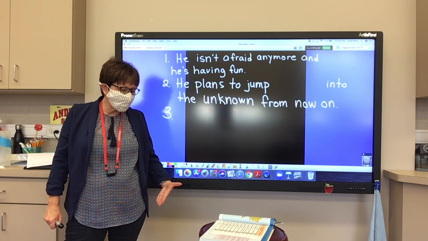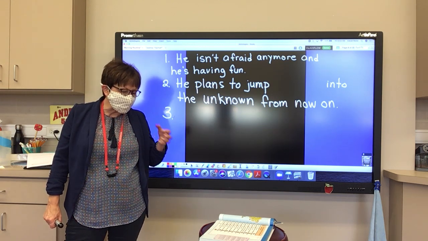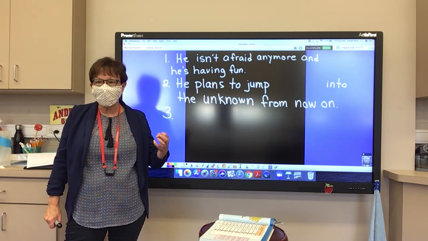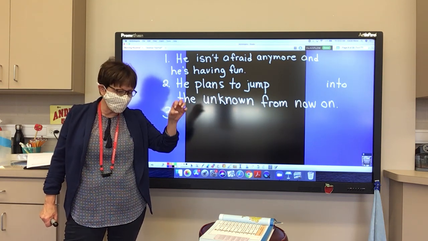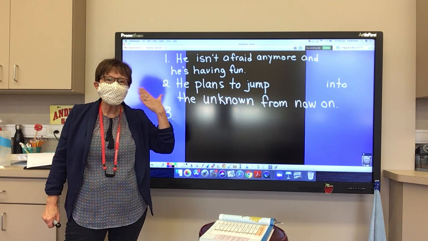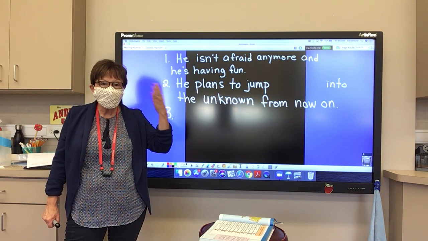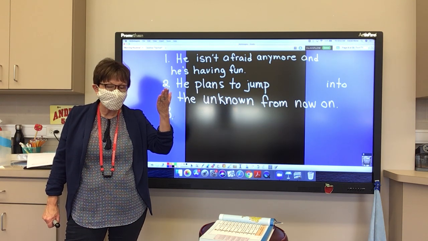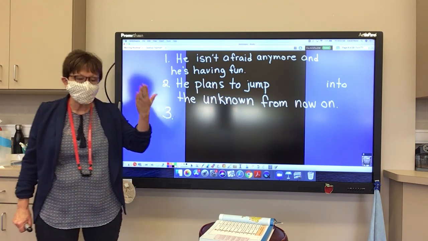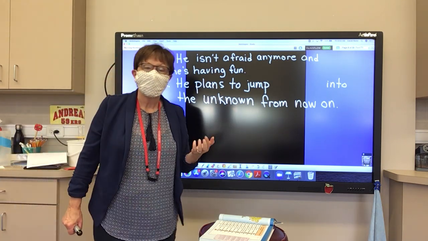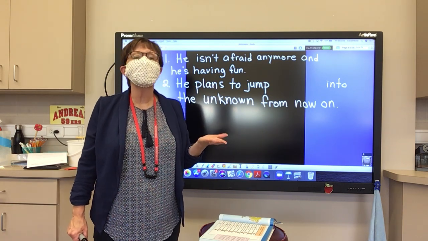So now we have to figure out, what lesson does this teach Scaredy Squirrel? The lesson, this is important for us, his lesson that he has learned. Libby, what lesson do you think he has learned? To not be afraid of, what is he not to be afraid of?